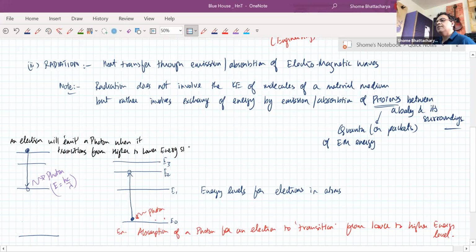So this is the primary mechanism by which matter is constantly emitting and absorbing photons from its surface. That process of continuous exchange of photons between the surface of a body or material and the surrounding environment is what we call radiation.